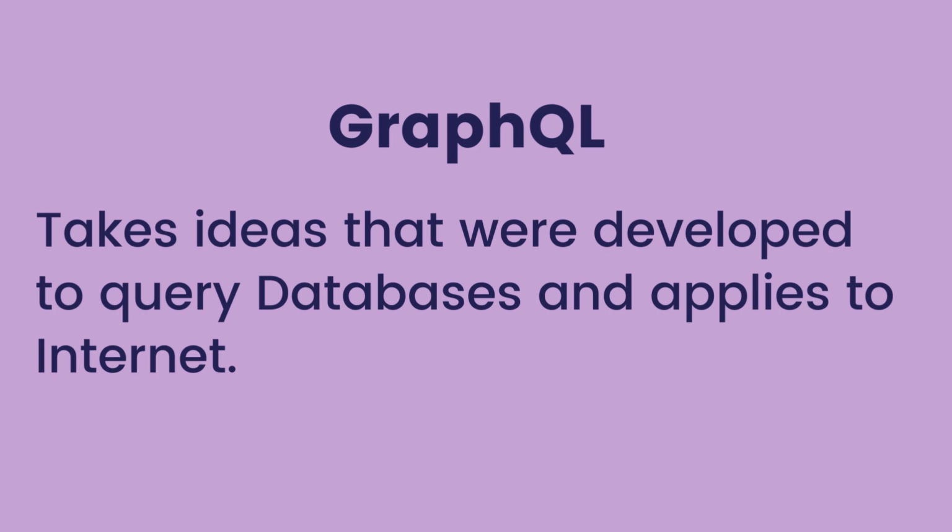So when you build a GraphQL API, you are pretty much telling the user that these are the bits of data that you can select from. I think when we look at the practical example, you'll get a better idea of what I'm trying to say.